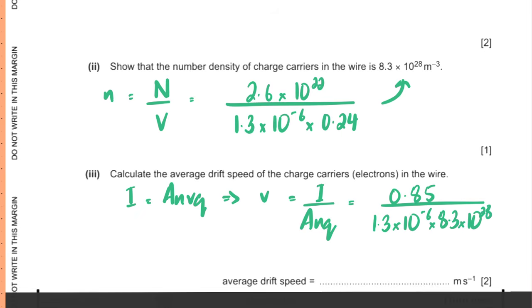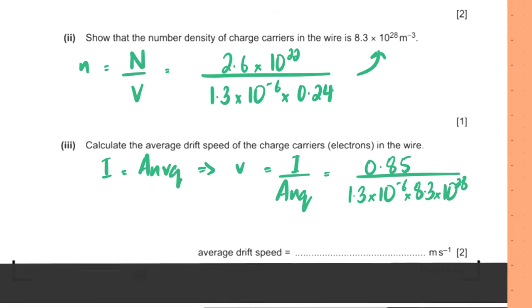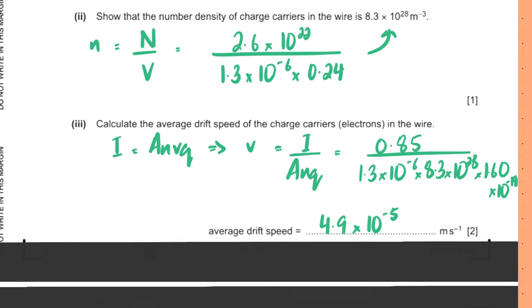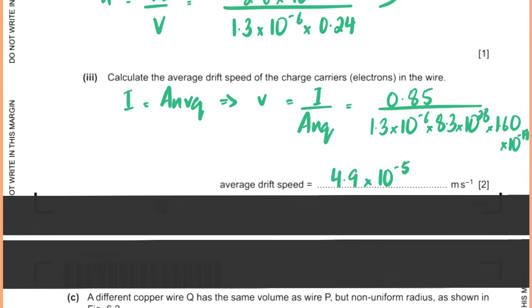We're talking about electrons, so the charge on one of these is given in your data sheet, 1.60 into 10 to the negative 19. Plug all of this into your equation, and the value you get is 4.9 into 10 to the negative 5, which does make sense if you think about the typical values for the average drift speed. That is usually in 10 to the negative 4 or 10 to the negative 5.